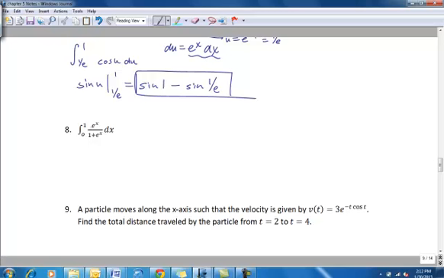You remember what that pattern is? Anytime you have the integral of u prime over u, that's equal to ln of u, right? That's that natural log pattern.